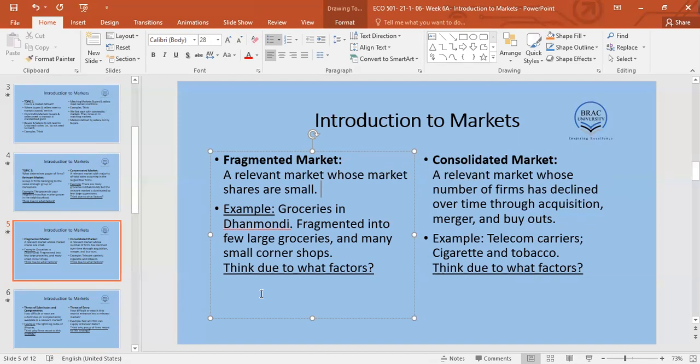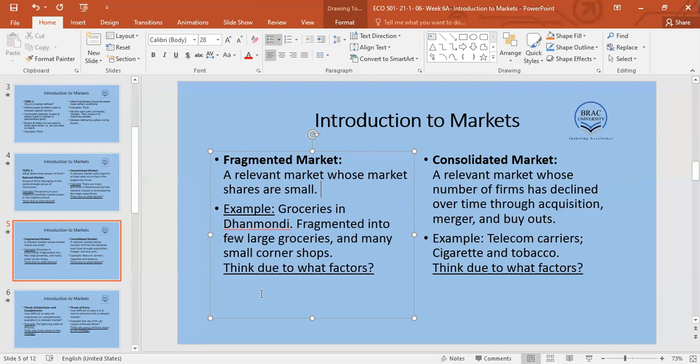Some of them were local carriers operating in small regional pockets. The remaining were national carriers. Today, we have only four telecom carriers. We literally don't have those regional carriers. And these four carriers are Grameenphone, Robi, Banglalink, and our national carrier, Teletalk.